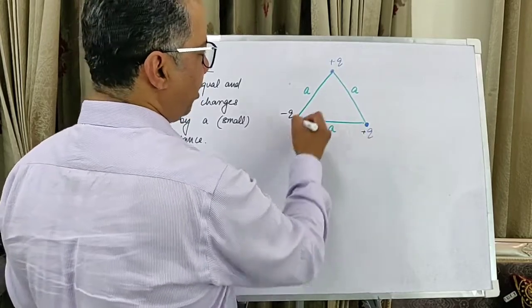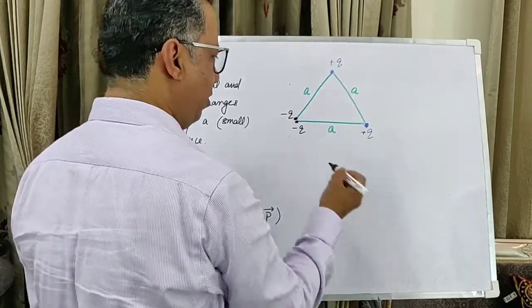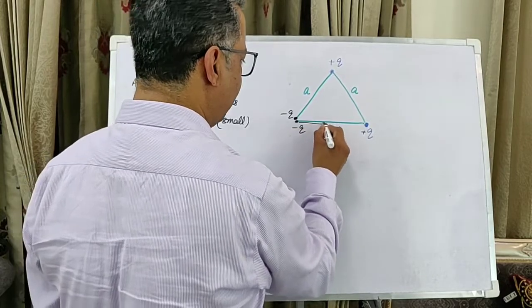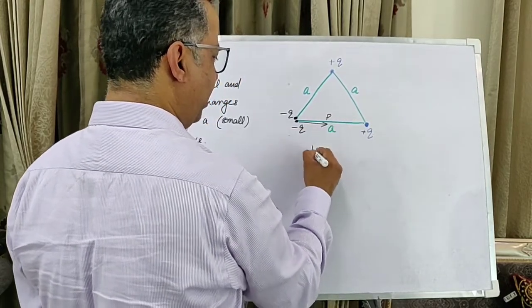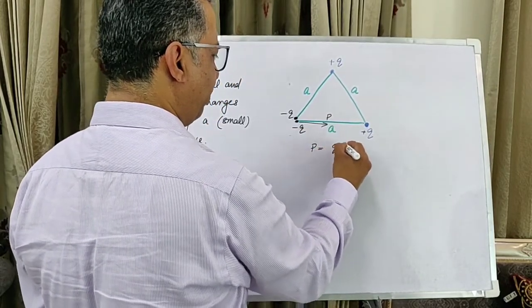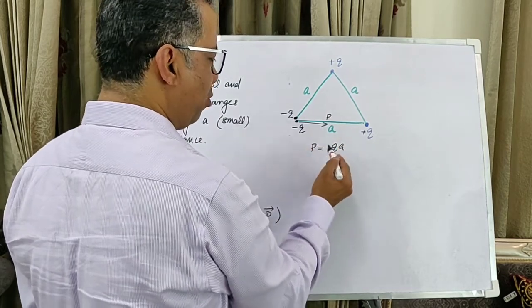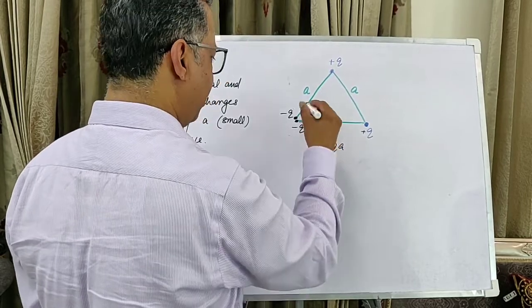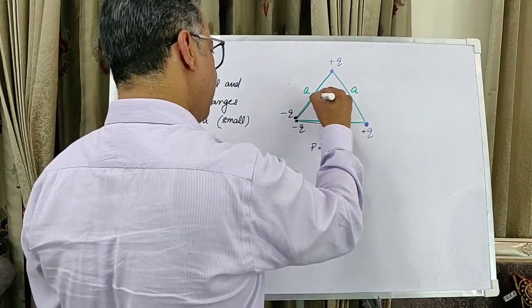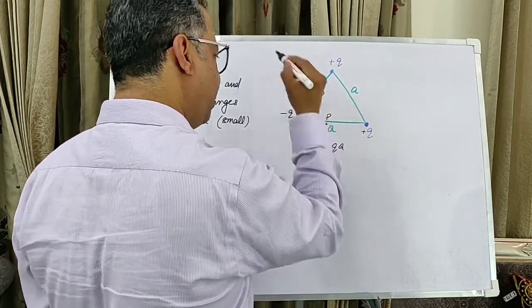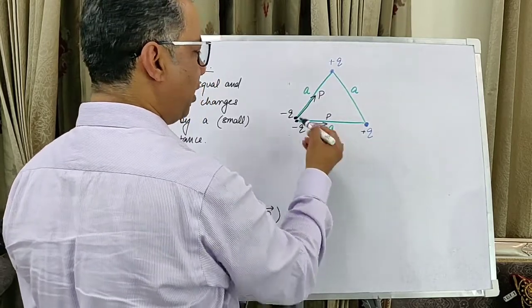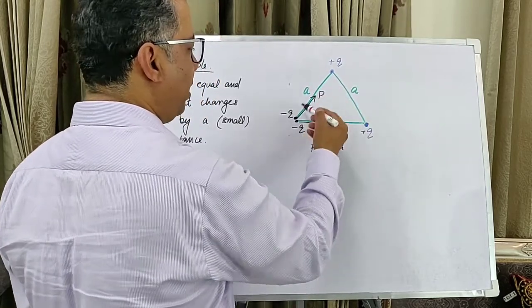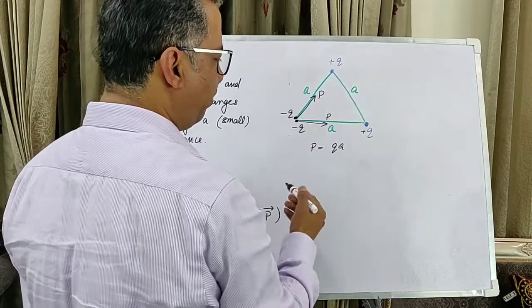These 2 pairs of charges constitute 2 different dipoles. This one has a dipole moment P given by qa, that's the magnitude of this dipole moment vector, and it's directed from the negative charge towards the positive charge. The other one has the same magnitude, q times a, because the charges are the same and the distance between them is the same.